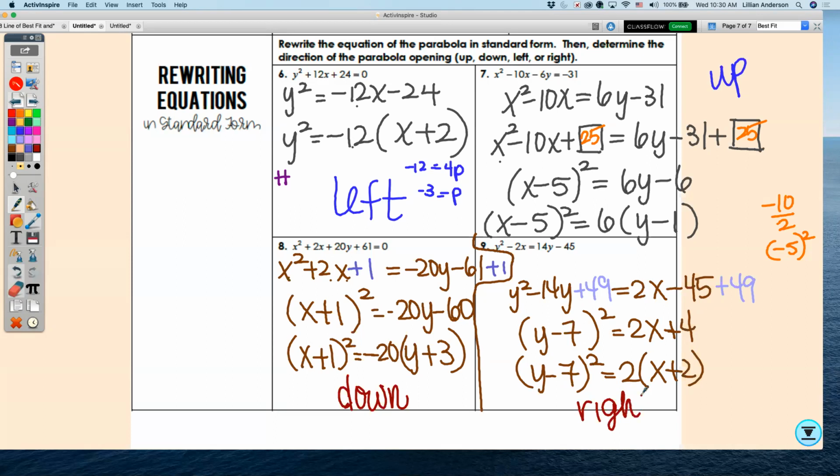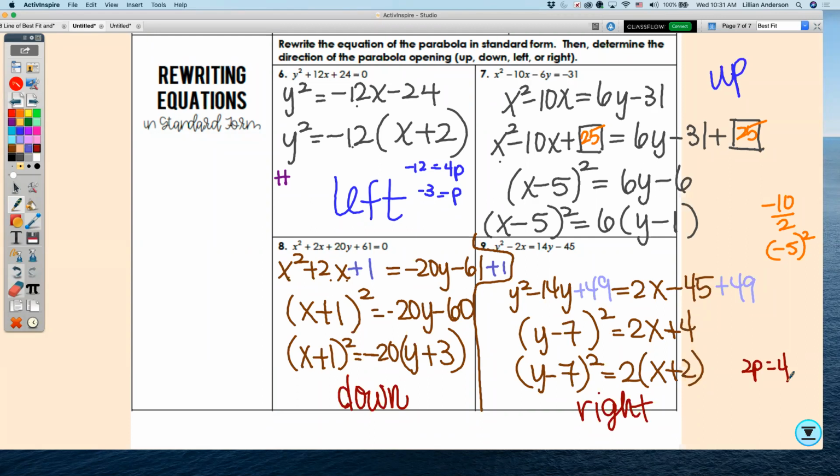Because remember, I asked you, is it horizontal or vertical? You told me horizontal because the y's were being squared. So that gives you left or right. Look at your 4p. If your 4p is positive, it's going to open to the right. What is the value of p? It'd be 1/2. Because I would say 2p equals 1, and I would solve.